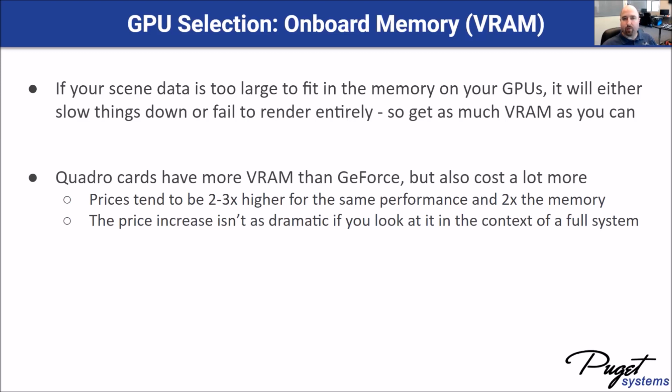One thing to keep in mind with that price increase: it can sound crazy at first that it's 2 to 3 times more expensive and the only thing you're gaining is VRAM. But that's if you're just looking at the cards individually. What you should be doing when you're trying to spec out a whole system is look at the price increase from one card to another in the context of the whole system.